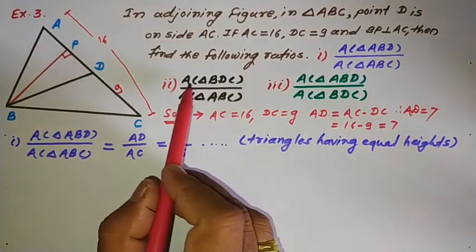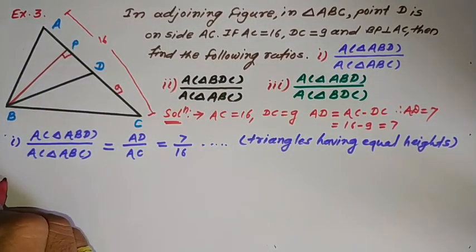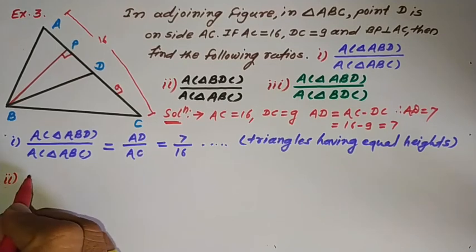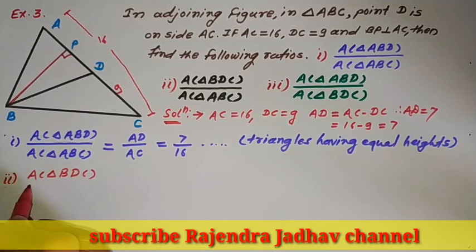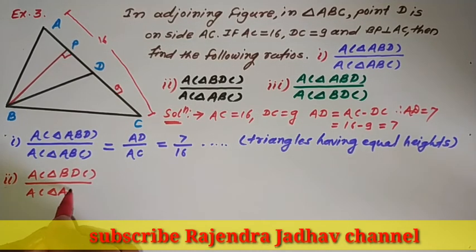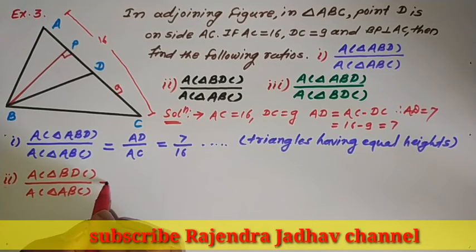Second ratio: area of triangle BDC upon area of triangle ABC. These two triangles have equal heights, so the areas are proportional to their bases.